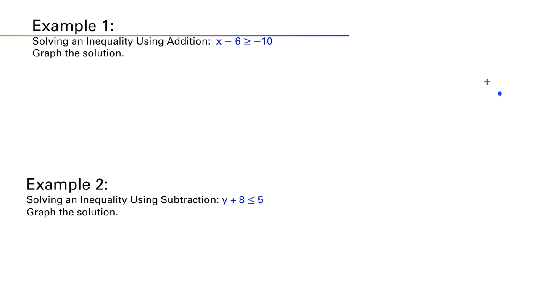Let's solve using addition. So what do we say? Well, if we add to one side, we need to add to the other. So if I have x minus 6 is greater than or equal to negative 10, what am I going to add to both sides? What's the inverse?